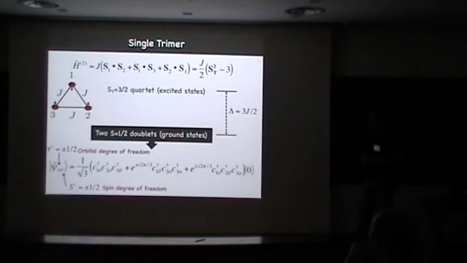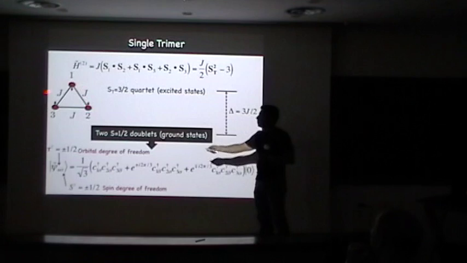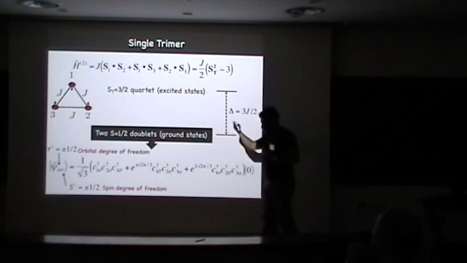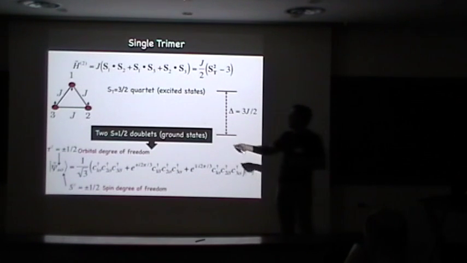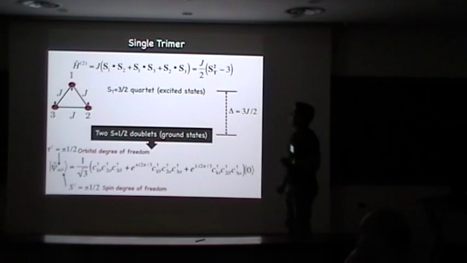So finally, what we also saw in the previous lecture is that if we consider this single triangle and do this low energy projection of the coupling expansion of the additional Taubman model, we get a Heisenberg interaction between nearest neighbors.